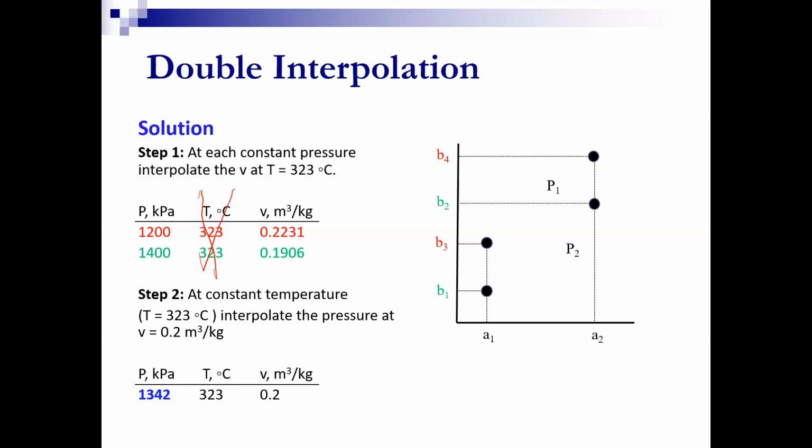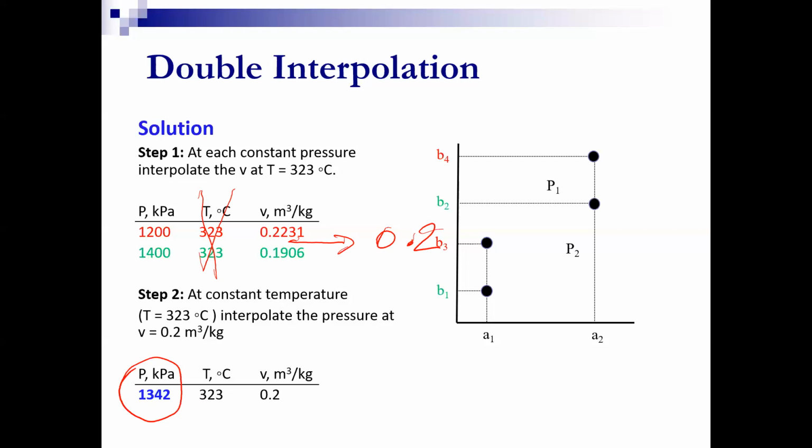At 1400, it is 0.1906. Now we are looking for the case when it is 0.2, something between these two. And now I go and find the corresponding pressure when specific volume is 0.2. If you do the interpolation, then you will find this value.